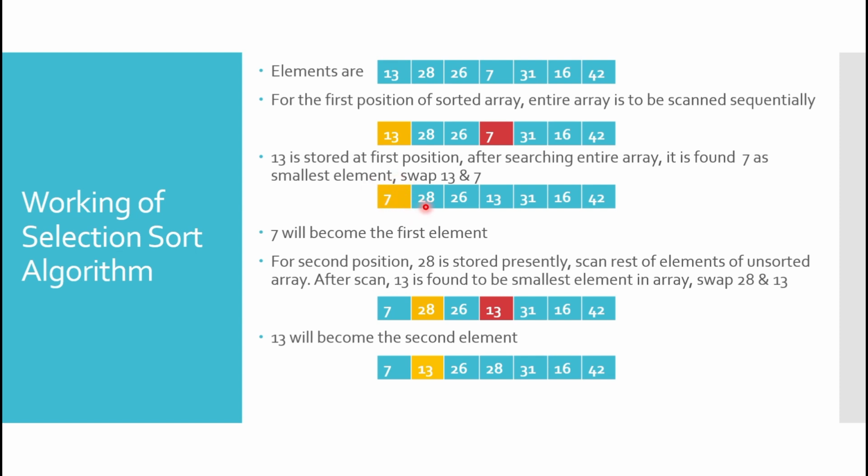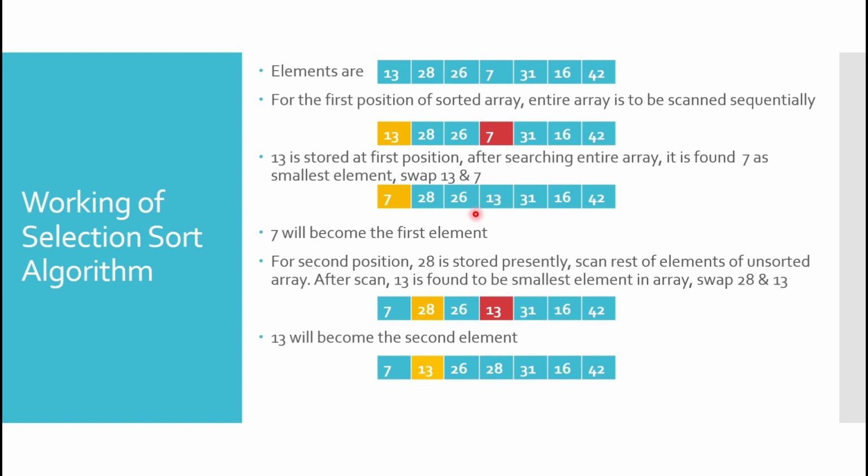Now what do I need to do? I need to take the second element of the array. Currently my second element is 28. Now I need to compare this 28 with the other elements of the array like 26, 13, 31, 16 and 42. If any number is smaller than 28, then I need to swap both the elements.